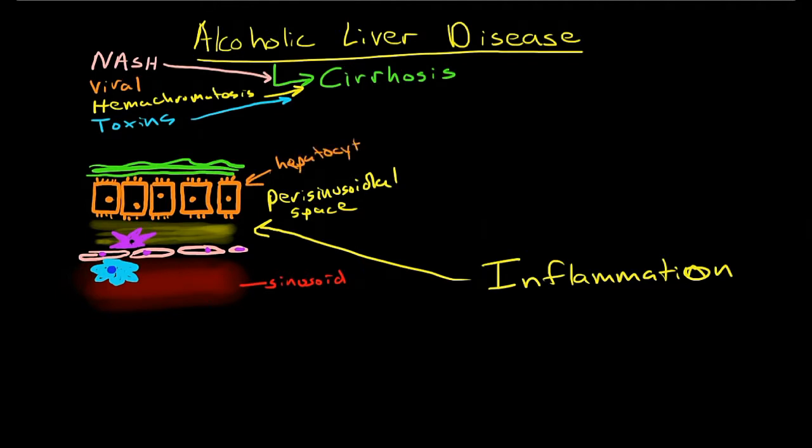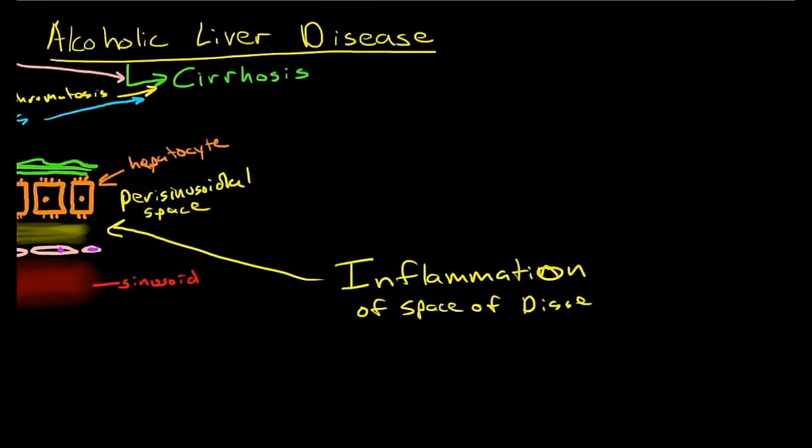So the inflammation in all of these diseases is occurring in the space of Disse. Now I want to begin our discussion of alcoholic liver disease, and talk a little bit about how that inflammation starts.